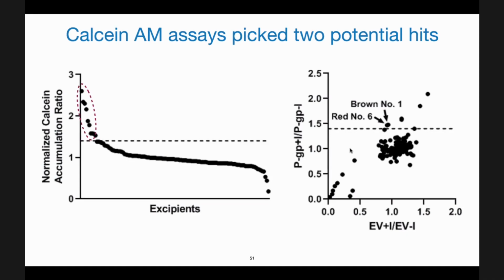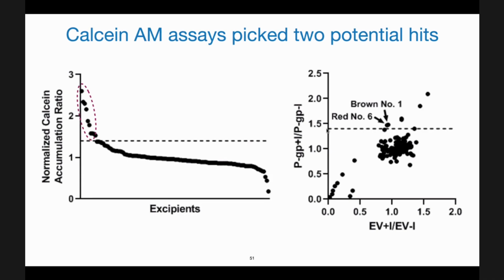And then we also normalized these different ratios so that we can have only those specific inhibitors which had an effect on the PGP cell line but not on the empty vector cell line.